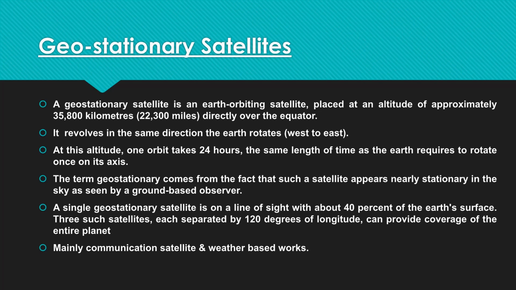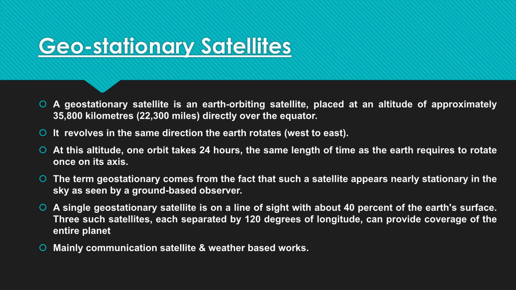That is why, while looking at a point from the Earth's surface, a geostationary satellite seems to be stable at a particular point, because it is moving with approximately the same speed as us.